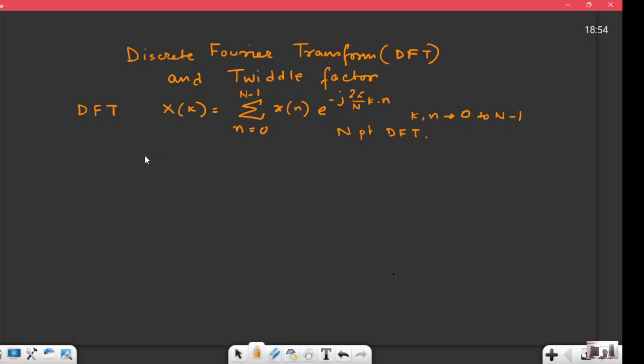So representing this equation in matrix form gives us x of k in square bracket, meaning matrix, equals W, or I will write W kn, the Twiddle factor matrix, multiplied by the matrix of x of n.